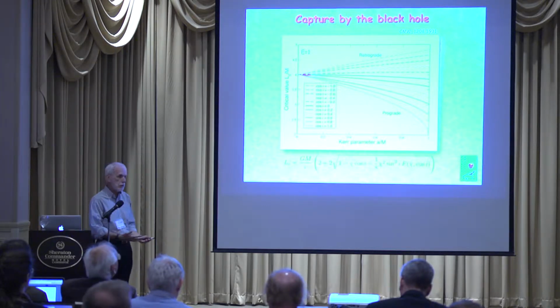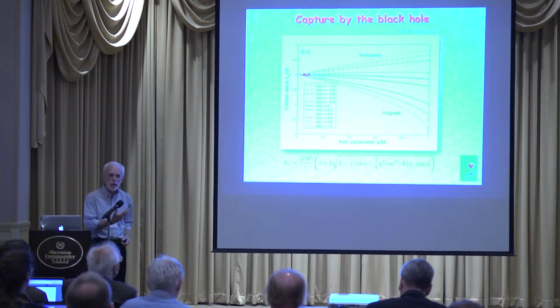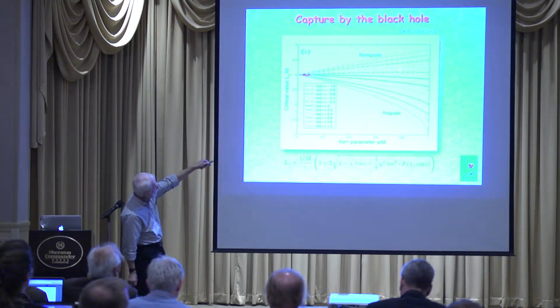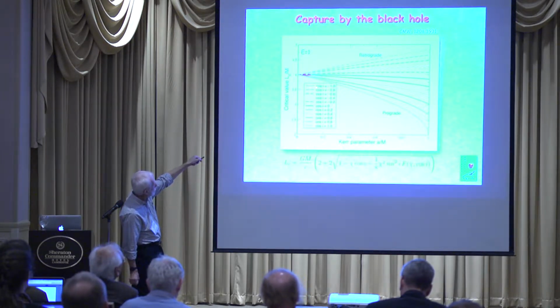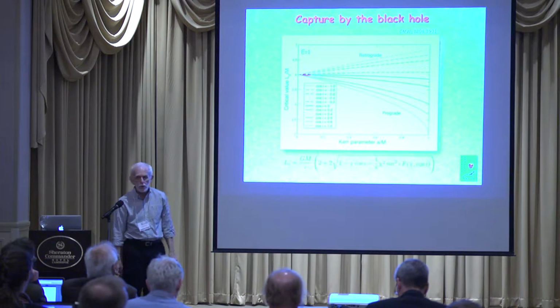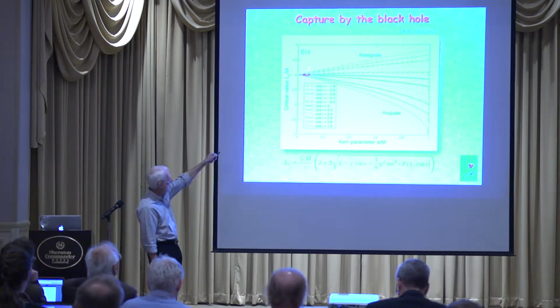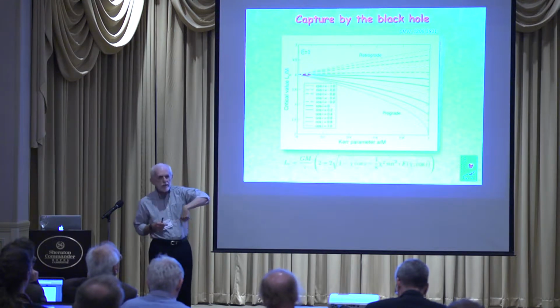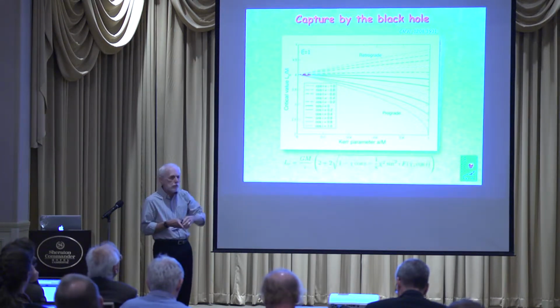But for a spinning black hole, frame dragging actually changes that. So for prograde orbits, and these different colored curves depend on the inclination of the incoming orbit, prograde orbits actually are captured at much lower angular momentum than retrograde orbits. Prograde orbits get much closer to the event horizon of the black hole before being captured.